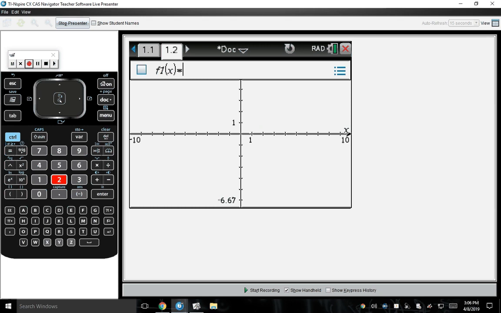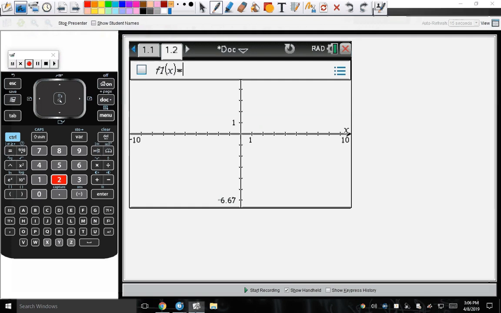Now that I have this, what you see right here is not parametric. This right here that you see is actually rectangular.